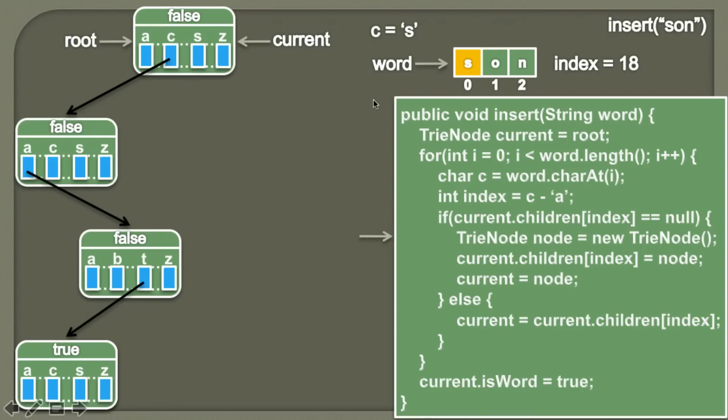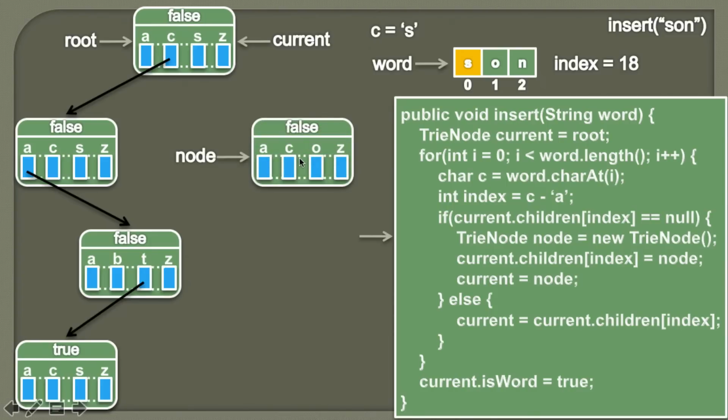So in order to insert s, we'll first create a new trie node and assign it to a temporary trie node. And as we are inserting this new trie node into the trie, we'll assign the value of node to this trie node array at index 18, which maps to s.